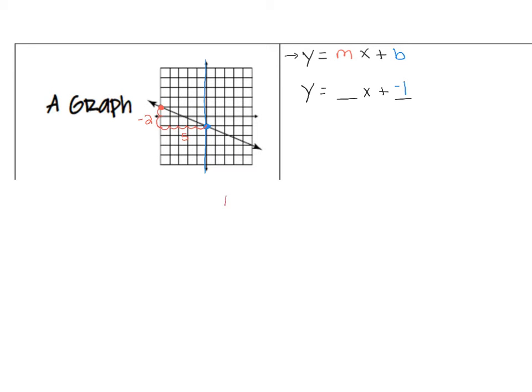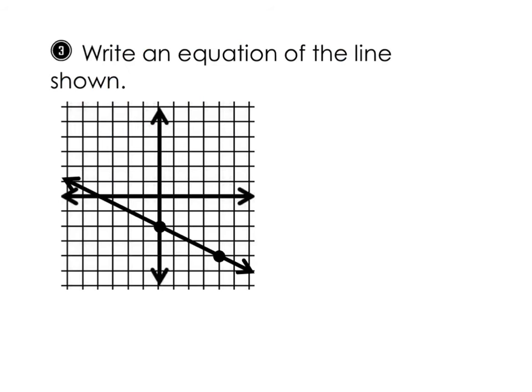Because slope is the change in y over the change in x, my slope changed along the y-axis by -2 and along the x-axis horizontally by that 5. So my slope is -2/5. So my equation for this line is y equals -2/5 x minus 1, or plus -1. Now try to find the equation for this line.